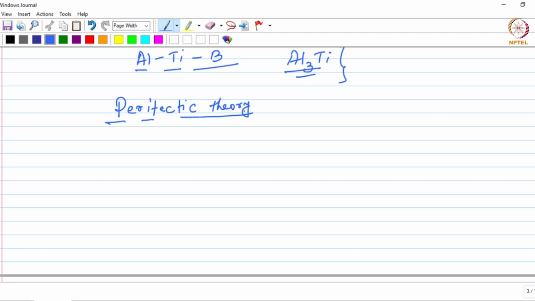So this theory says that there is a peritectic reaction between liquid and the Al3Ti. So therefore these Al3Ti particles nucleate aluminium through a peritectic reaction, which is as follows.